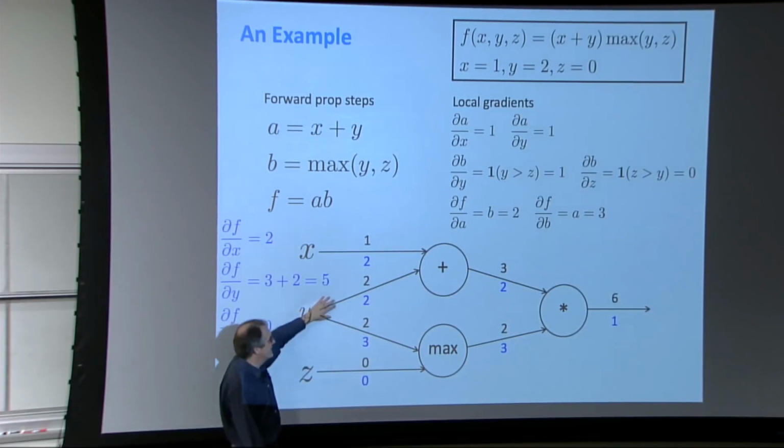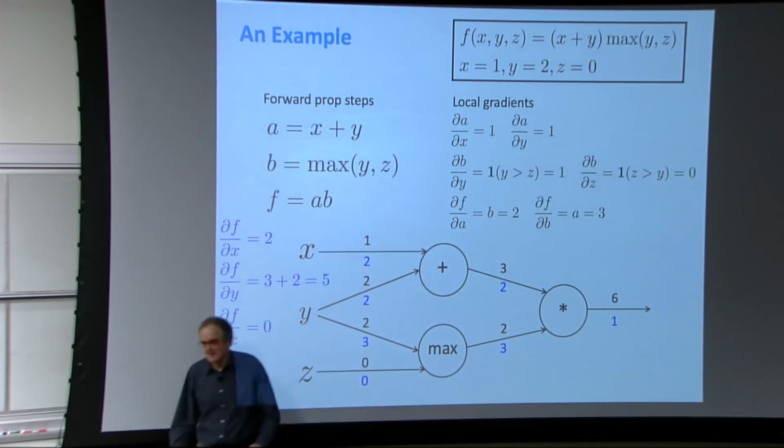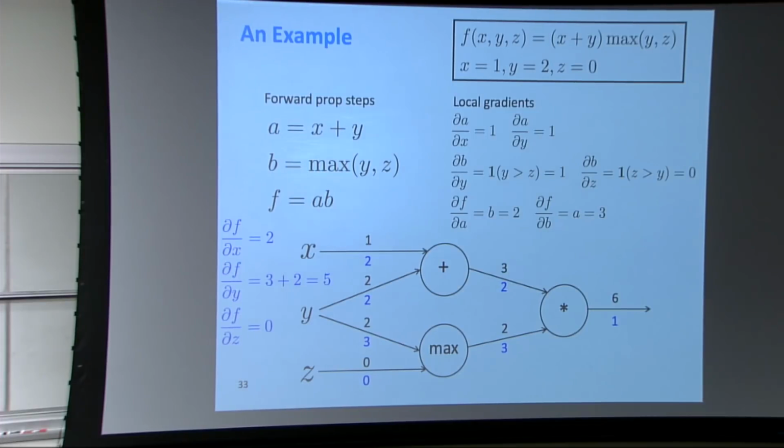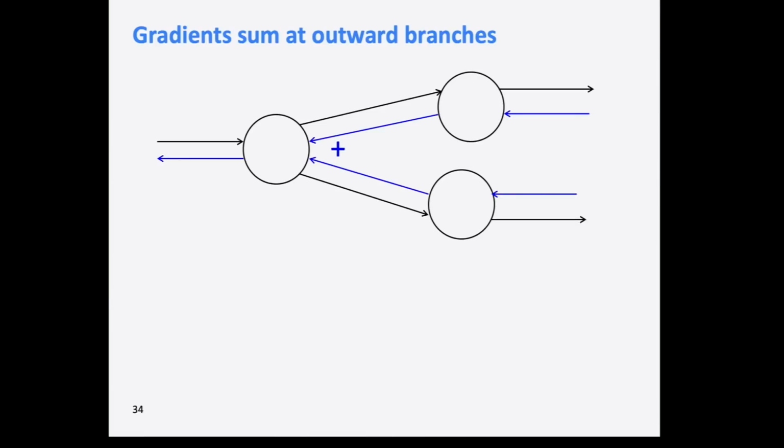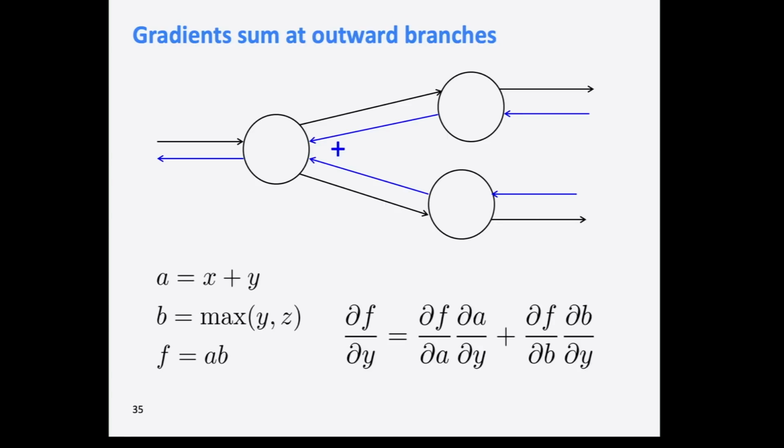So if this thing is used in multiple places and you have the computation going out in different ways, it's just this simple rule that when you do backpropagation backwards, you sum the gradients that you get from the different outward branches. Okay, so if a equals x plus y, and well, that's the one we showed you before, we're doing this sum operation to work out the total partial of f by y.